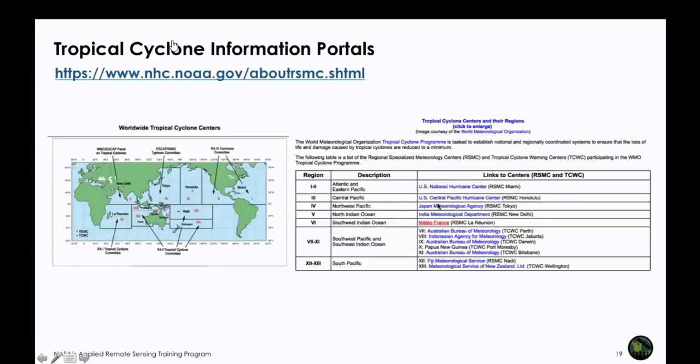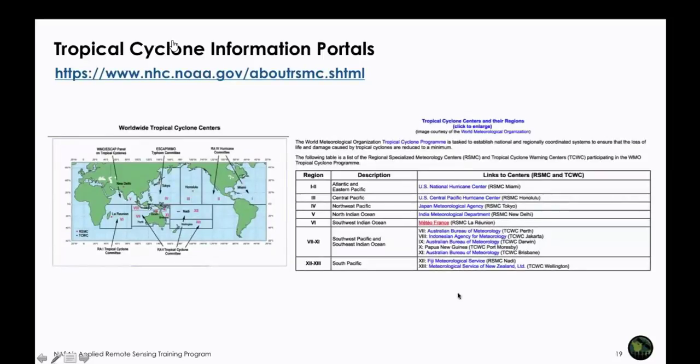Then Japan Meteorological Agency, India Meteorological Department, this is Meteo France, and then a bunch of Australian organizations, so Bureau of Meteorology in different places, different cities forming here. Storms forming here are monitored by them, and South Pacific again are from NADI and from New Zealand, Wellington. So these are all the sites.